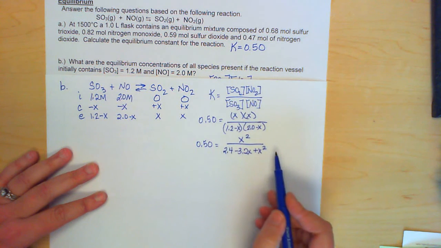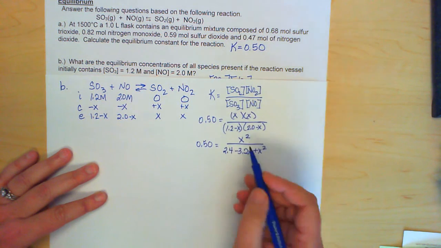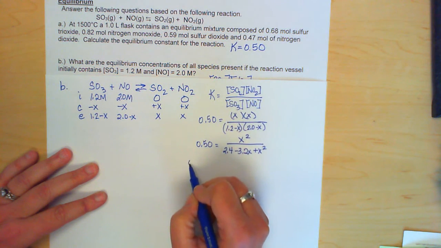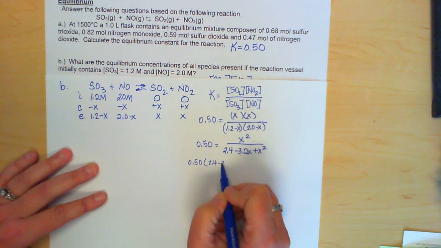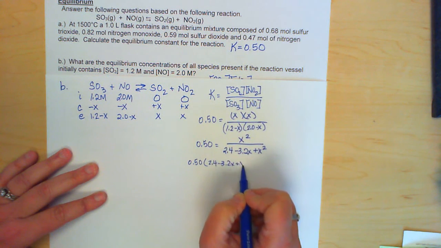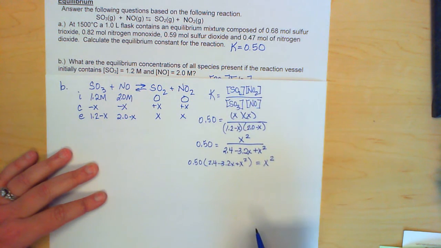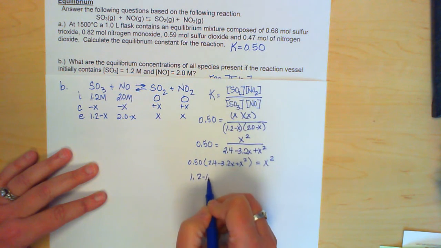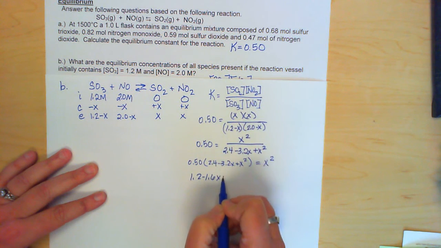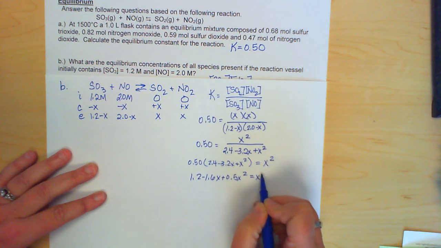Okay, so once we've done that, then what we're going to do is end up distributing, which means we're going to take 0.50 times 2.4 minus 3.2x plus x squared is equal to x squared, which comes out to be 1.2 minus 1.6x plus 0.5x squared equals x squared.